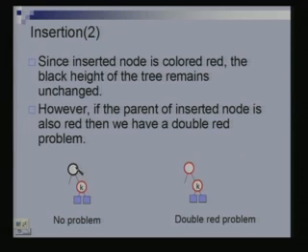Now, if the parent of this node is black, then we have no problem. Because this node is colored red, the black height of the tree has not changed. The black height of these external nodes is the same as the black height of the external node which was sitting earlier at this location, and which was the same as the black height of the other external nodes in this tree, which means that the black height of these 2 external nodes now is the same as the black height of all the other external nodes.